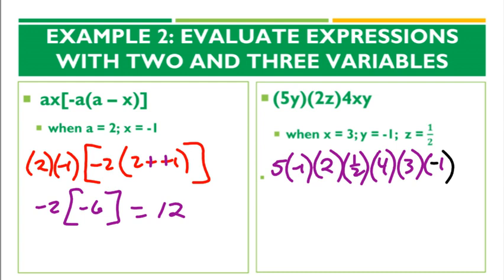I know 2 times half is just 1, so that just becomes 1. So now I have negative 5 times 1 times over here gives us a negative 12. So now we're at a negative 12 times a negative 5, which gives us an answer of a positive 60.